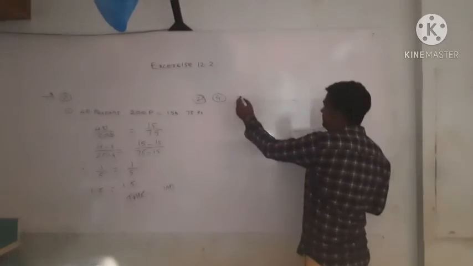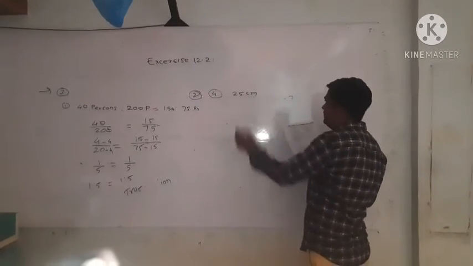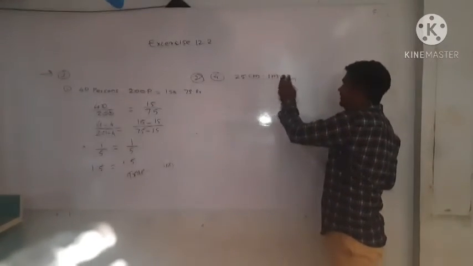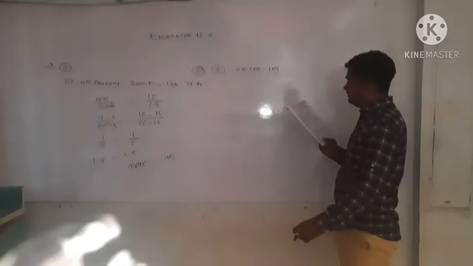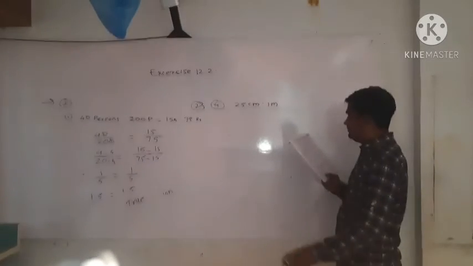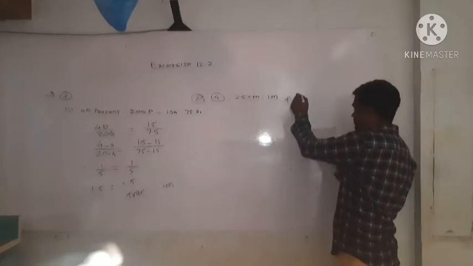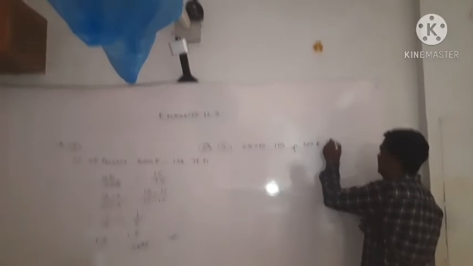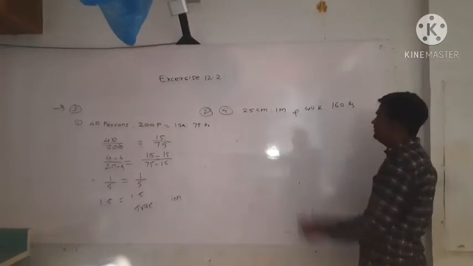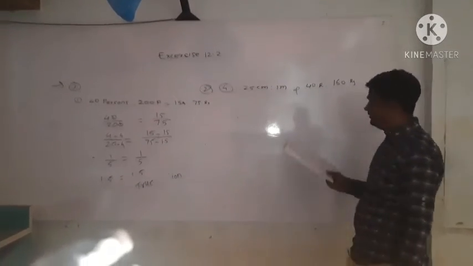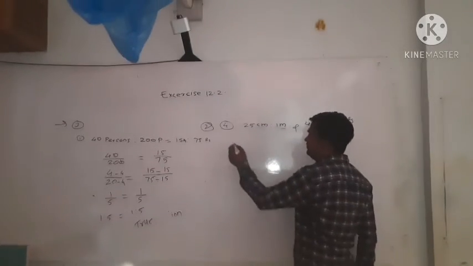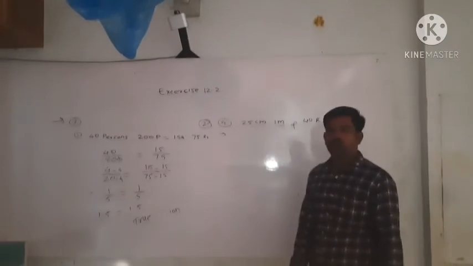Now see here, first example they have given 50 centimeter is to 1 meter and second is 40 rupees is to 160 rupees. Now for this, we want both units to be the same. So first you make both units the same.